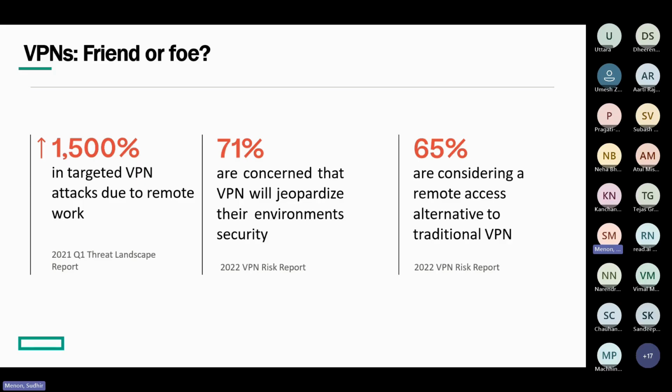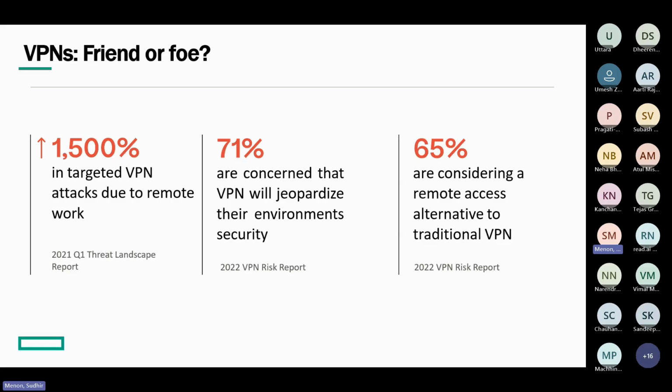This is the VPN risk report, an extract out of which I have pulled out, where almost 71% of the organizations are concerned, or the cybersecurity CISOs or the security analysts within the organizations are concerned about the VPNs, possibly a misconfiguration of a VPN, or possibly a snoop attack when the user becomes part of your environment, is seen as a concern.